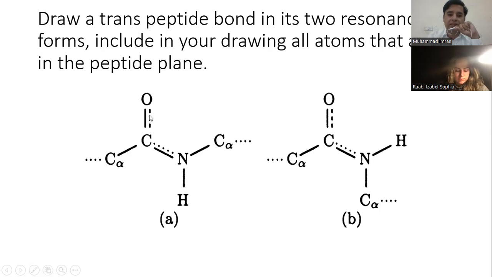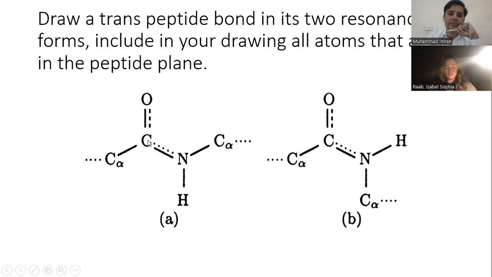So you can say this peptide bond is a trans peptide bond, and it is very rigid and it has a resonating structure. Why? Because the double bond resonates between CO and CN. Due to this resonating structure, it has more stability compared to other bonds.